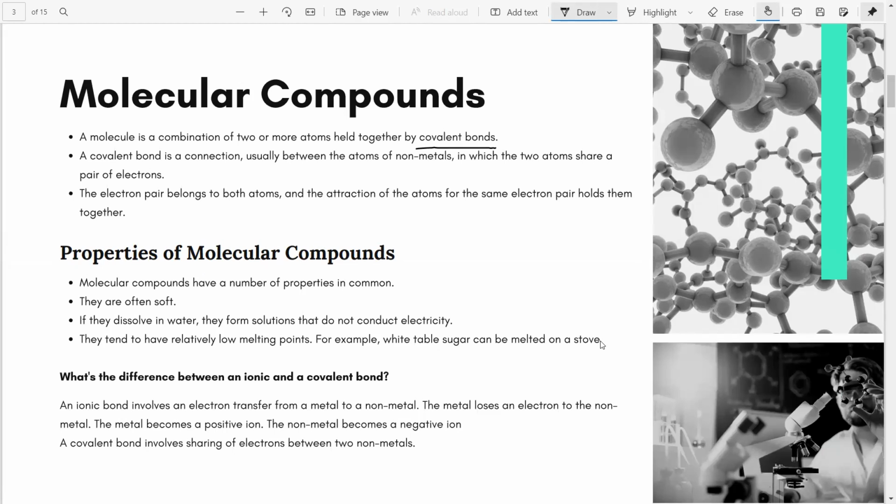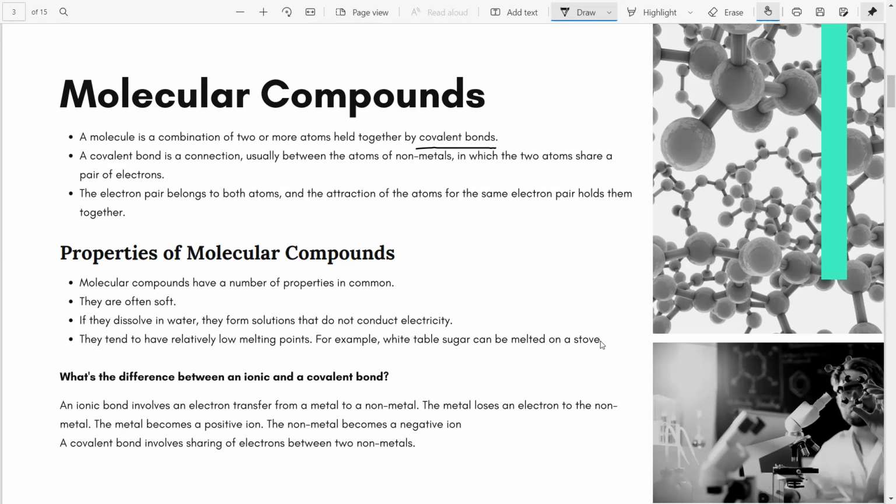holds them together. So in the ionic compounds lesson, we learned that an ionic bond is formed when you have two oppositely charged ions, and the force that holds them together then creates an ionic compound. So in that case, the electron from one atom completely leaves and becomes a part of another atom.